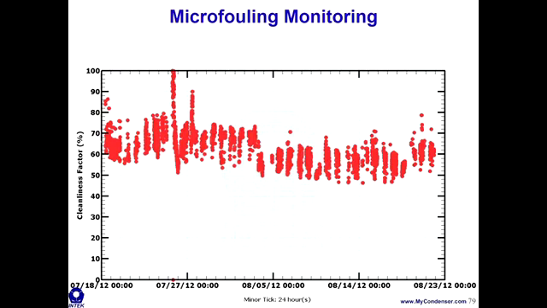And one thing to notice here is, you probably all have access to data similar to this on your condenser. You can see a shift in cleanliness right here at somewhere in the early August. And so if you're monitoring using bulk techniques that we described yesterday, you would identify this time period as an event that caused the cleanliness to decrease.